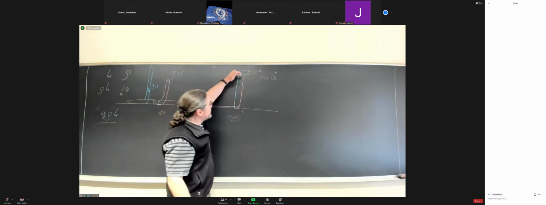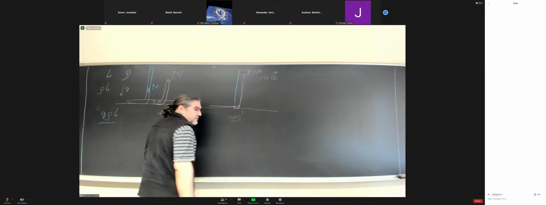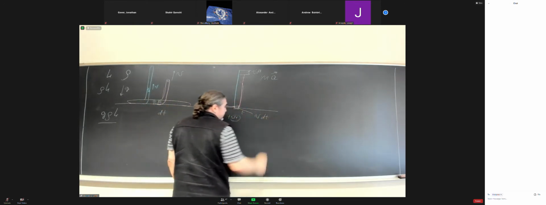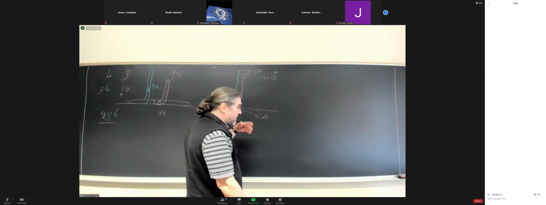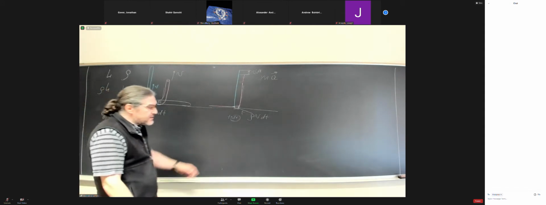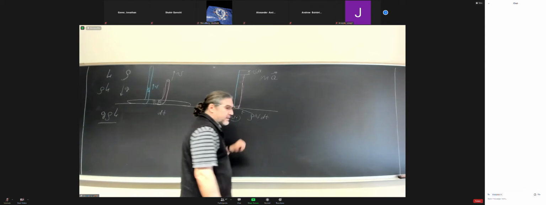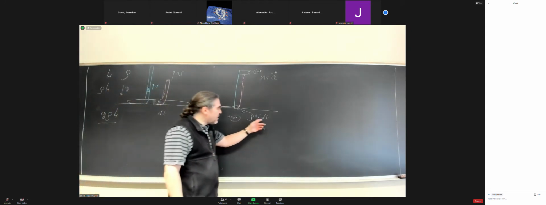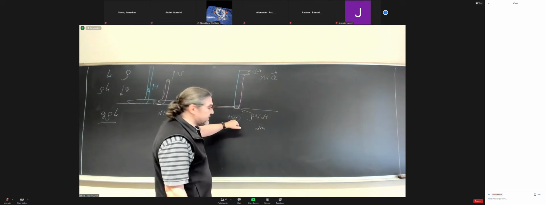It's how much the head of the snake moved up. So the length of this piece is also v times dt. So the mass of that piece is the length multiplied by the density. This is the mass dm of that piece which started to move during time dt.